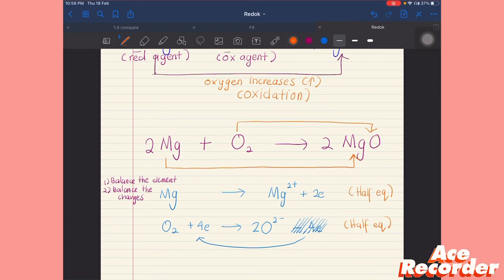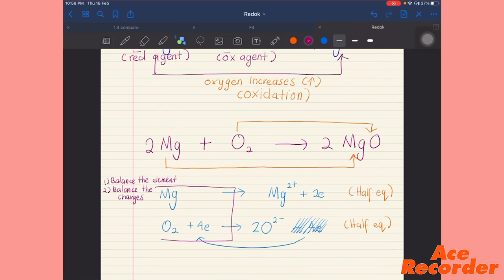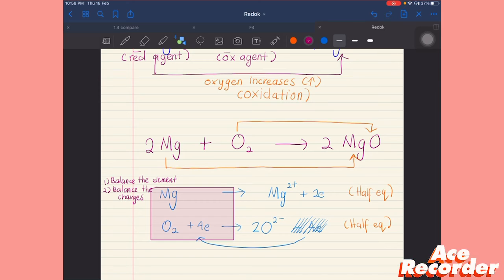Okay, teacher, I am able to get the half equation. Then how do I know oxidation or reduction? So we look on the left part of the equation. I repeat, we look at the left part of the equation. So look at this one. This one is gaining electron, right?